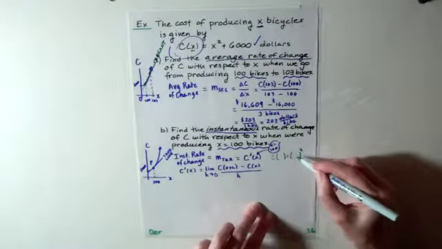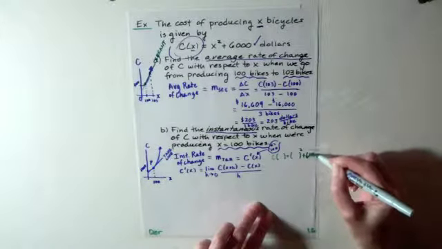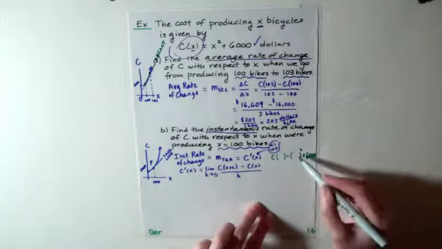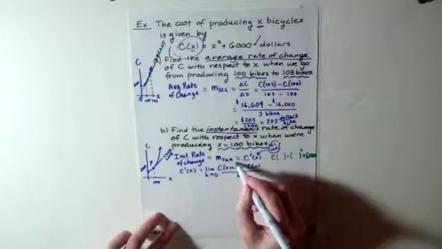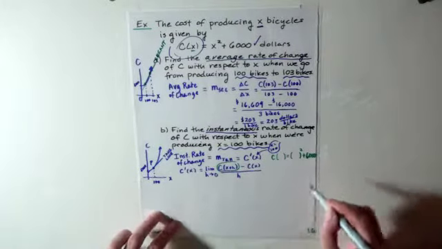It's going to be whatever I plug into my function squared plus 6,000. So c of whatever I plug in for x is going to be whatever I plug in for x squared plus 6,000.